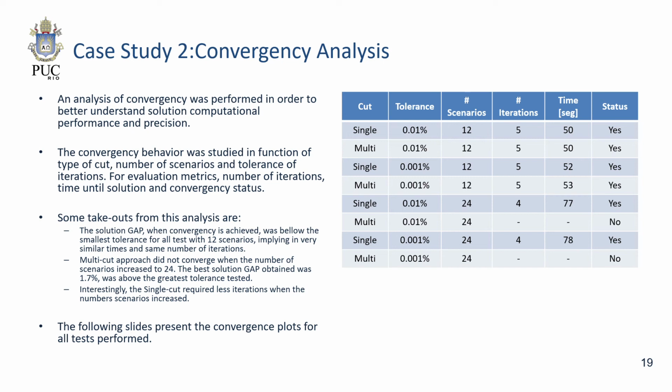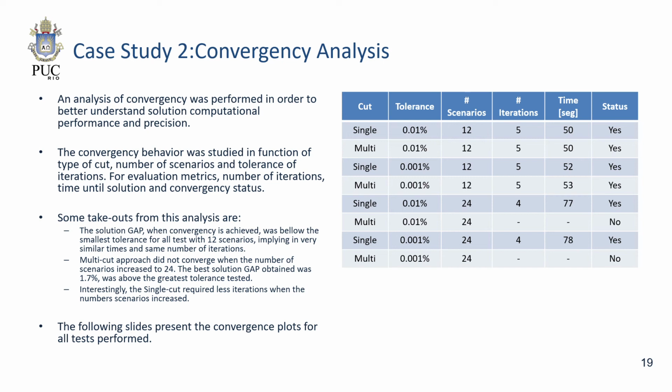So that's the idea. And the things that were really interesting from that result were the following. First, the gap. When convergence was achieved, it was below the smallest tolerance, in this case 0.001%, for all of the tests of 12 scenarios.